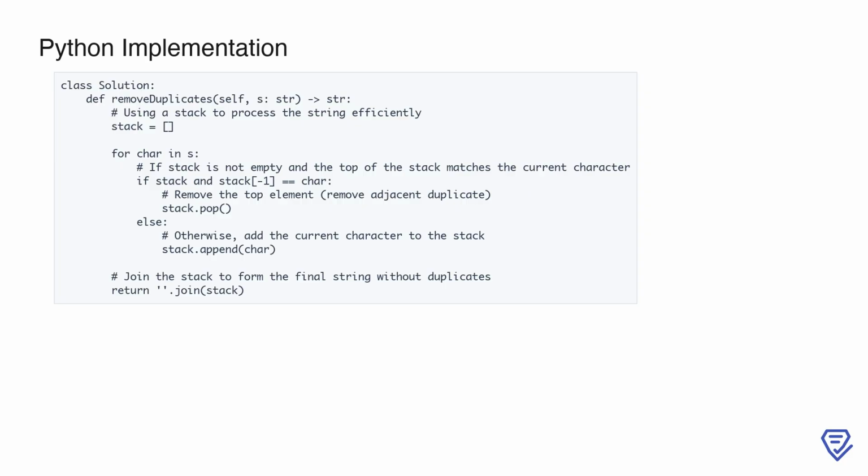The time complexity is O(n), where n is the length of the input string, since each character is pushed or popped from the stack at most once. The space complexity is O(n) in the worst case, as the stack may grow to the size of the input string if there are no duplicates to remove. This implementation is efficient and handles all edge cases effectively, making it a robust solution to the problem.